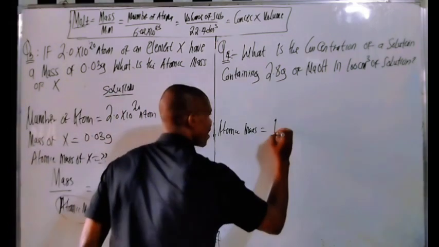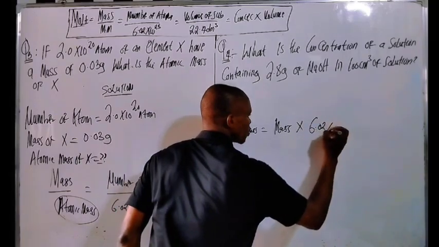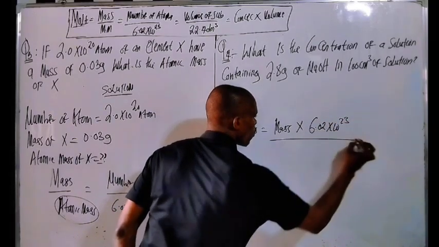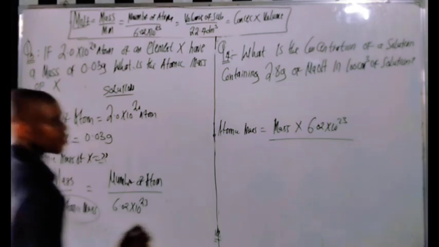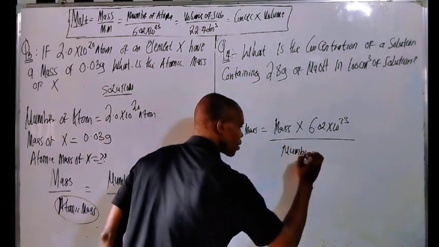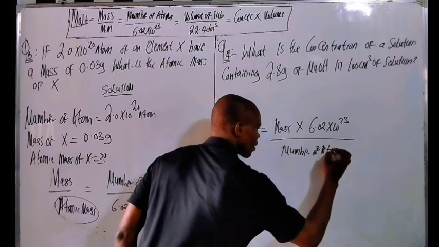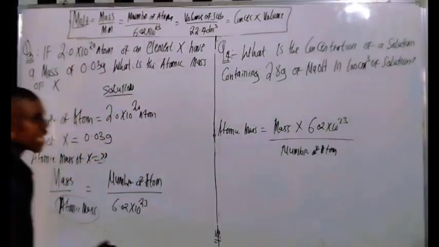So it will be mass times the Avogadro's constant over the number of atoms. What we want to do here is to place our values.